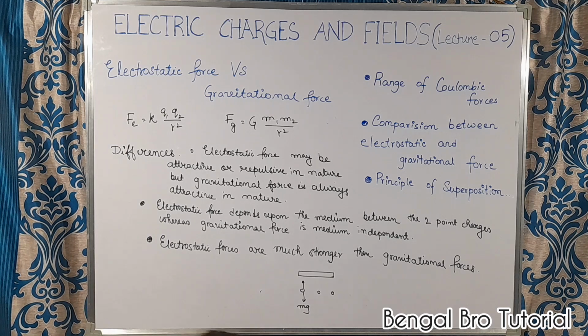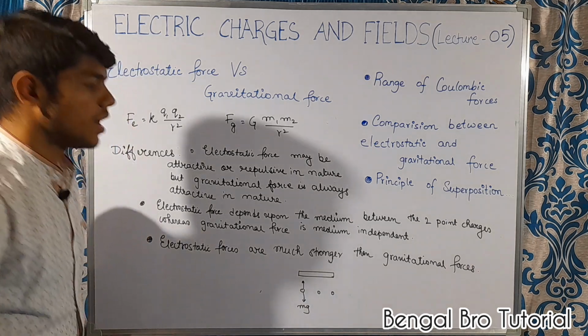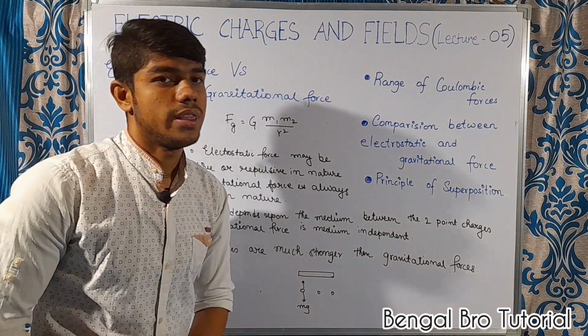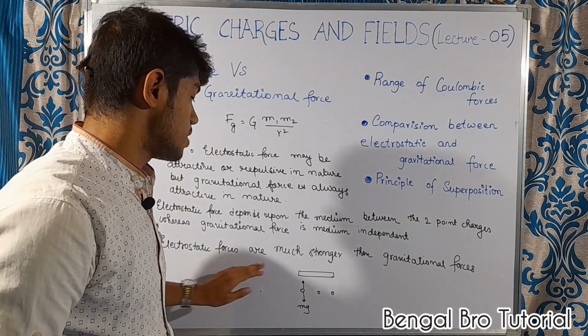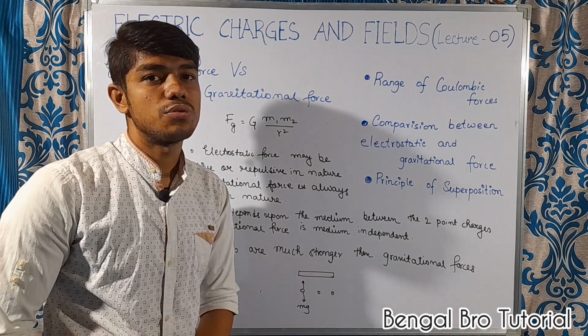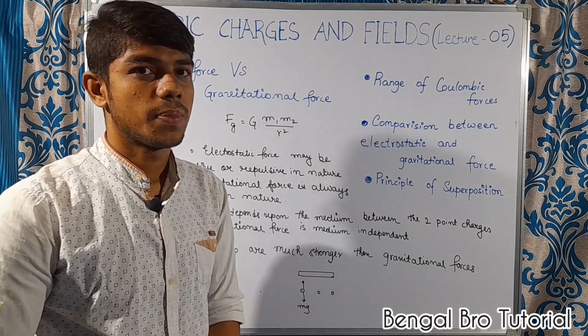But in spite of the two forces acting in the opposite direction, the bits of paper will actually get attracted towards the plastic scale, which means that it is moving in the direction of electrostatic force, thus giving us a proof that the electrostatic forces are much stronger compared to the gravitational force.